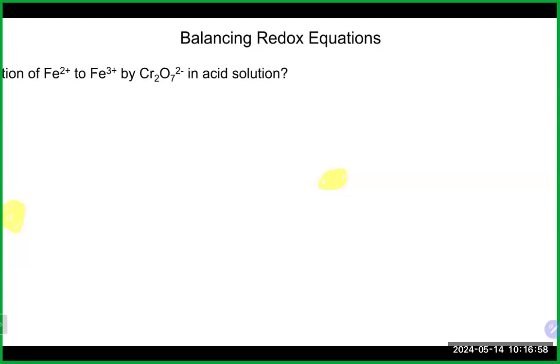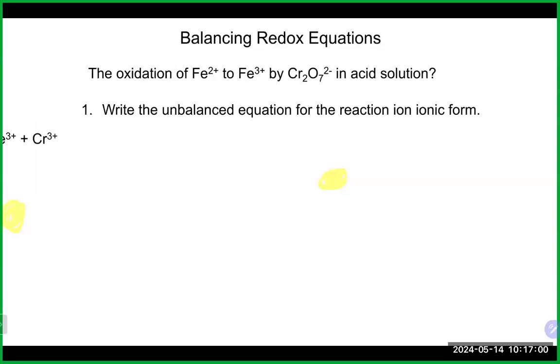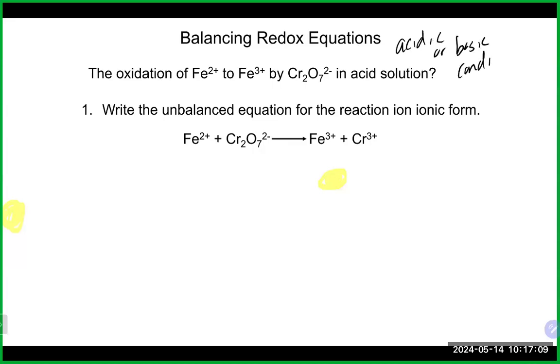Now, when we're balancing redox reactions in more complicated situations, in either acidic or basic conditions, there are a few things we need to do that are a little bit different. We're going to talk about acidic conditions first, and then we'll talk about how to switch it over from acidic conditions to basic conditions.